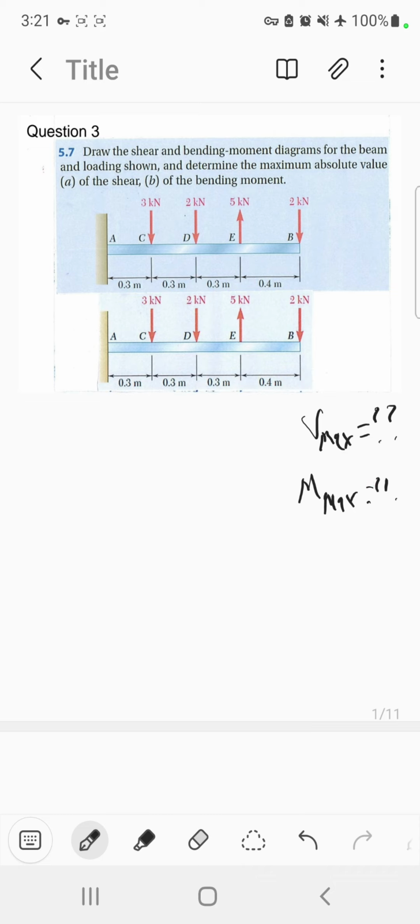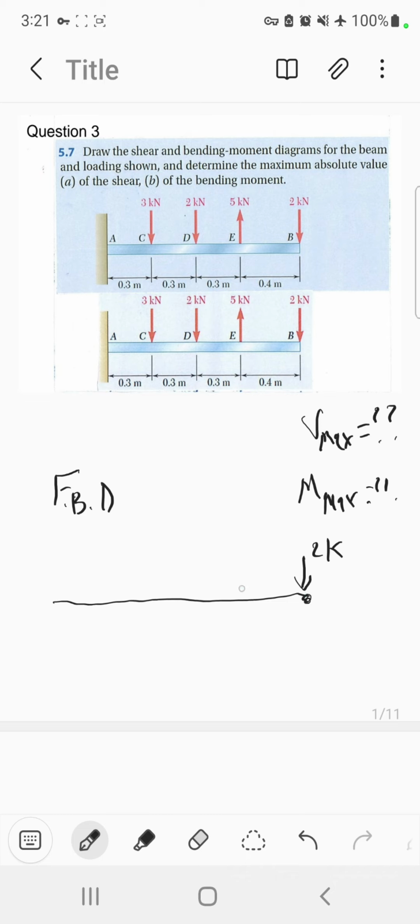Okay, so how to solve this question? First of all, we have to draw our FBD. So it's going to be like this. It's 2K.